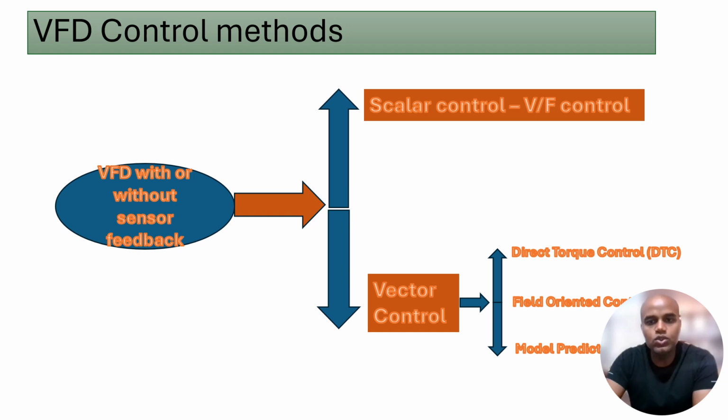Whereas vector control requires the rotor position precisely, and it works on feedback data taken from the sensor. All three categories, DTC, FOC and MPC, work differently. So let's understand the basic principle of these techniques and the differences between them going forward.